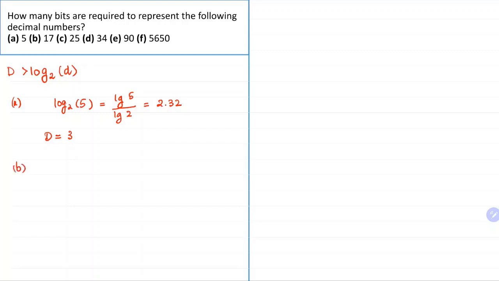Then B, if you take log 2 of 17, it will be log 10 of 17 divided by log 10 of 2.